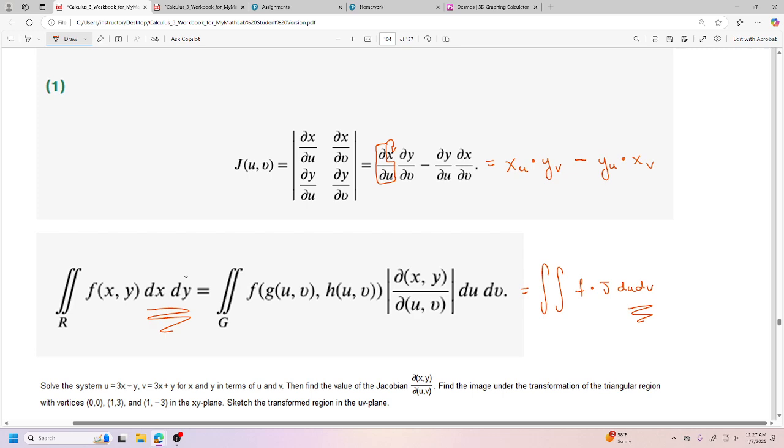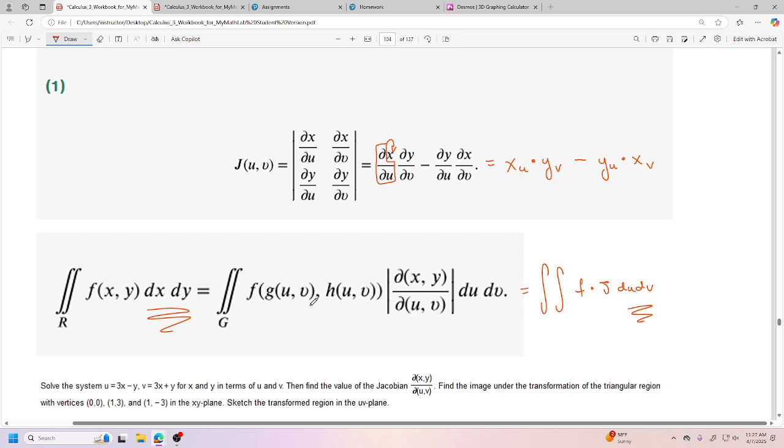I multiply by the Jacobian and everything's happy. And a lot of times, not every time, but a lot of times the Jacobian is just a number, like 5 or 2. So this would just be a number, and you just integrate, and you're happy. Everything's happy. That's the goal. We want things happy eventually.